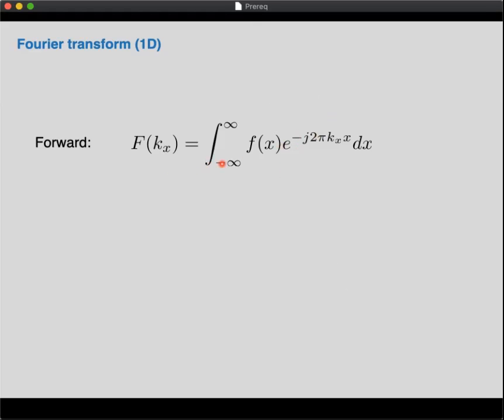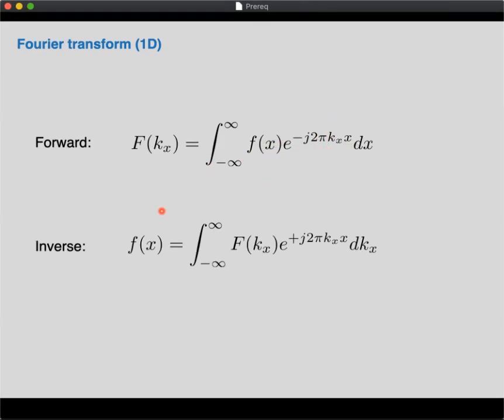Okay, so this is the forward Fourier transform. It's taking f of x and projecting it onto those complex harmonics. Now, the inverse Fourier transform is doing exactly the opposite, more of a synthesis.